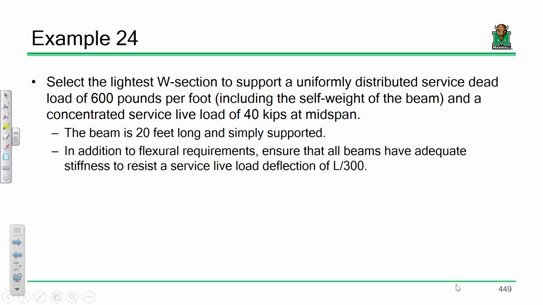What we got last time from our moment requirement was that phi Mn has to be greater than or equal to what? What was our Mu for this beam? Anybody remember? 356.